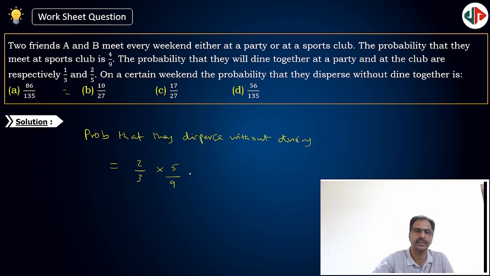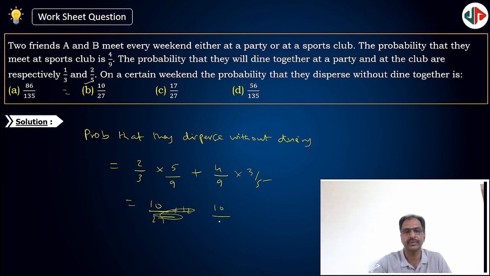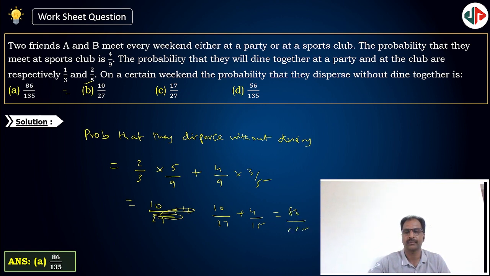So 2 by 3 into 5 by 9 is one probability, or they meet at a sports club is 4 by 9. And they should not dine is 3 by 5, 1 minus 2 by 5. So this is 10 by 27 plus 4 by 15. Simplify this, you'll get 86 by 130. 86 divided by 130. That is the required probability.